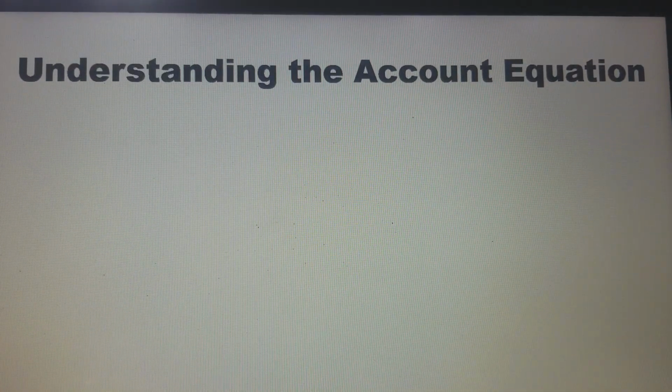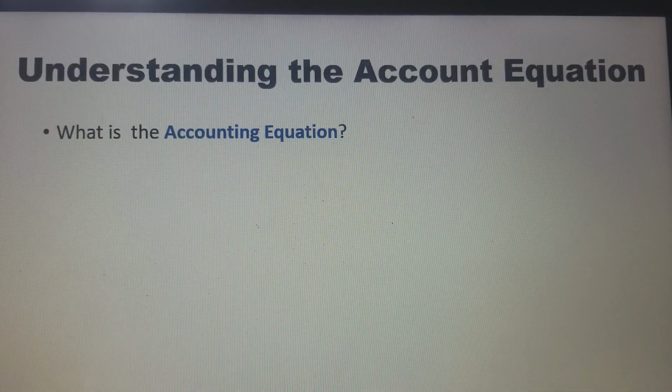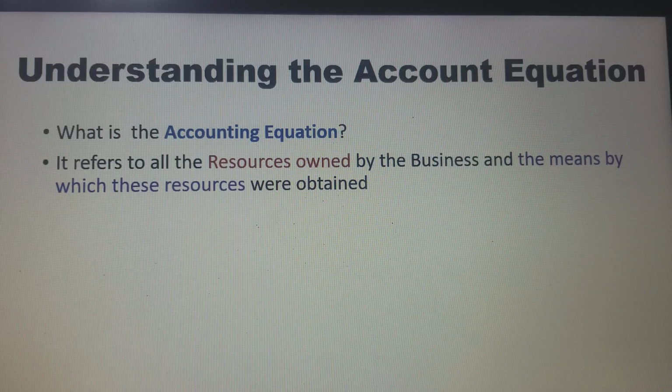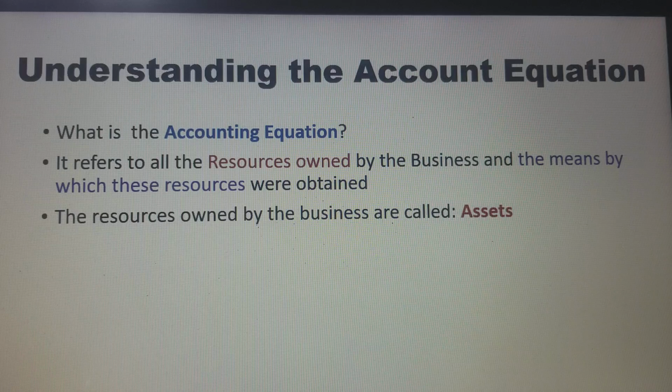So we're now going to be looking at understanding the accounting equation. What is the accounting equation? Well, it refers to the resources owned by the business and the means by which these resources are obtained. All right? Now, the resources owned by the business are called assets.